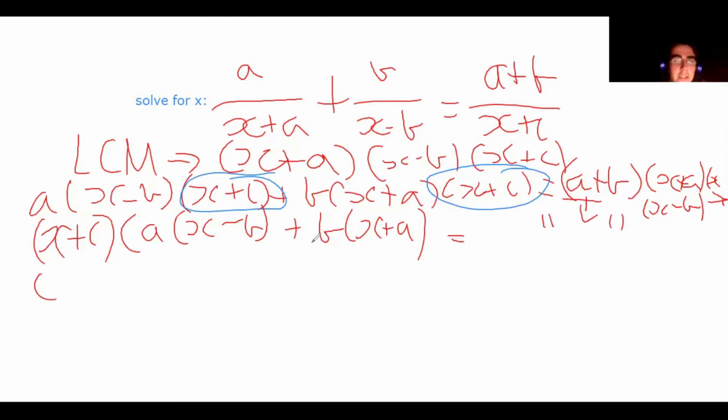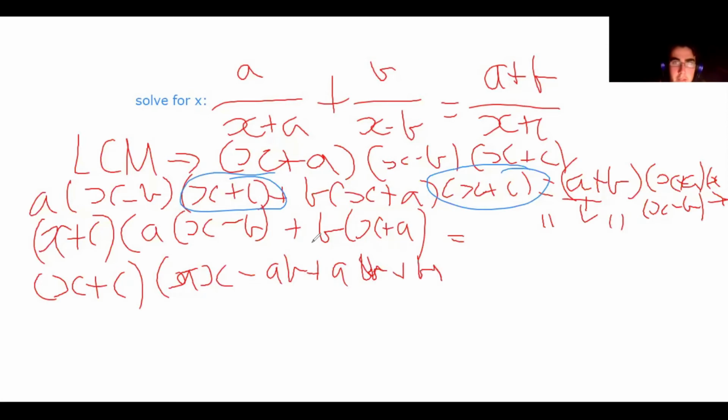Now, let's expand on the left-hand side, not the x plus c yet. Let's expand inside the brackets. Always expand inside brackets first, because it's going to make it easier. We're going to have ax minus ab plus ab plus bx. We can simplify that further, noticing that minus ab and plus ab cancel out, which just leaves ax plus bx.